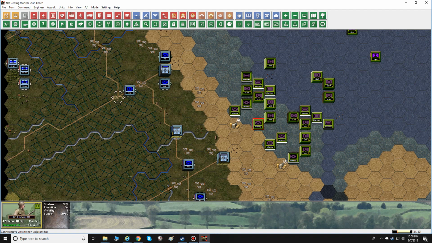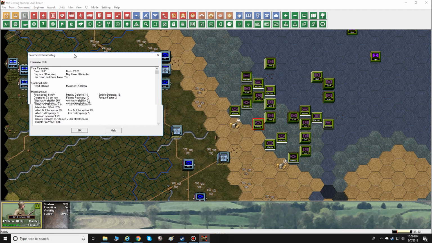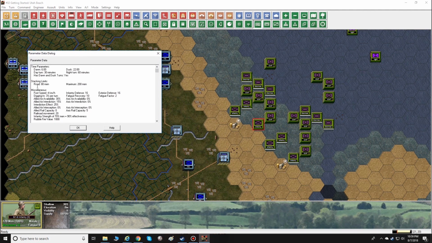What's that mean? Well, that means we've got this hex overstacked. How do I know this? Well, there's a very helpful file that you should at least look at once you start learning the system and understand a little bit more. It's the parameter data dialog. And you can see here that the stacking limit is 80 men.